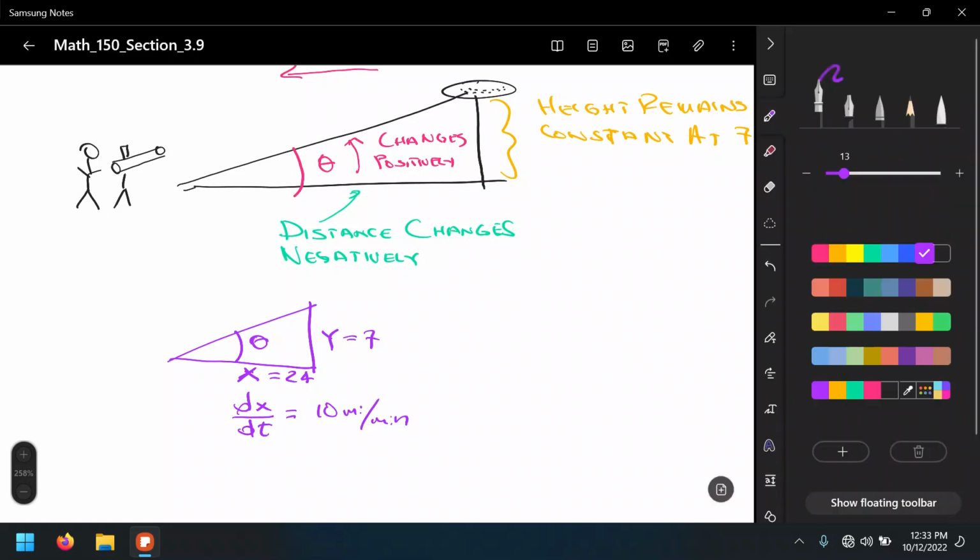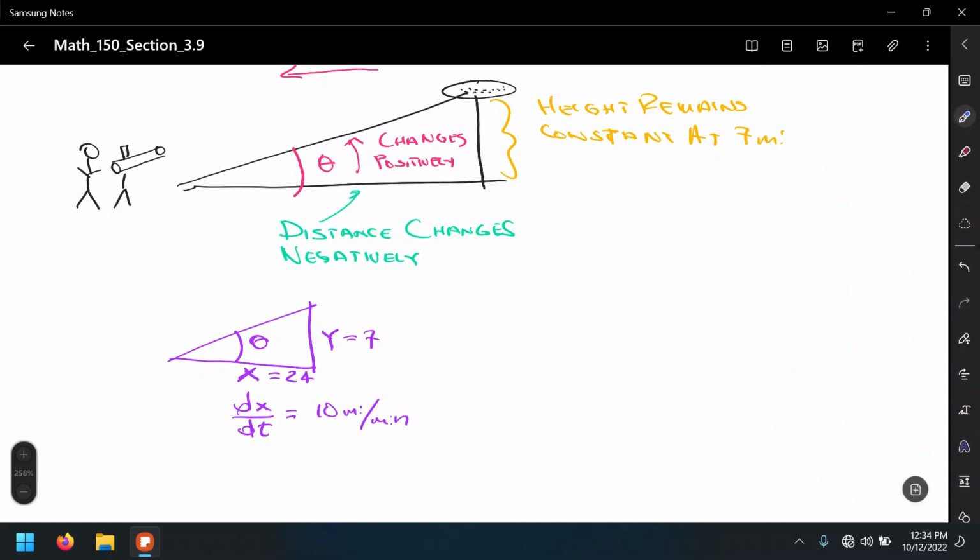Okay. Since the angle is in the conversation here, this is where we will need to use our trigonometric function. Which trigonometric function relates the opposite to the angle and the adjacent to the angle? It's the tangent function, right? So let's write down a tangent function. Tangent theta equals y over x.